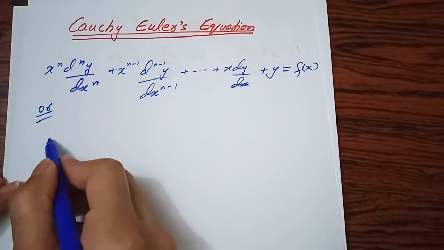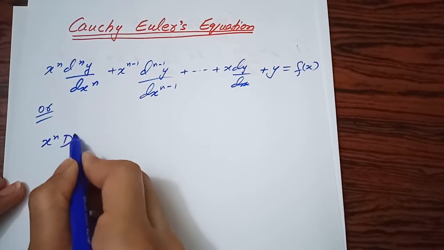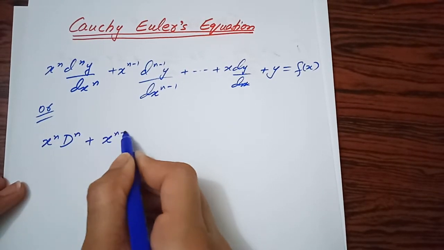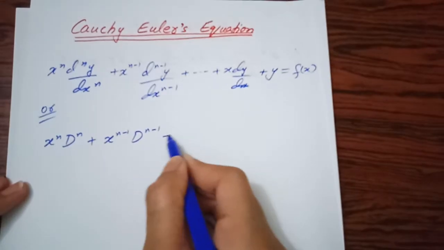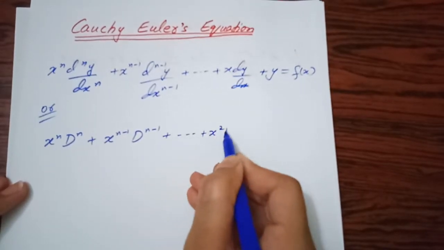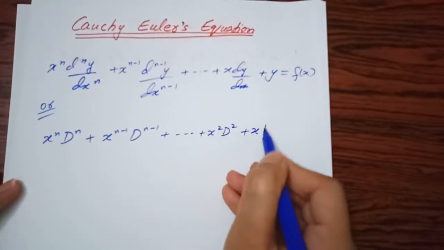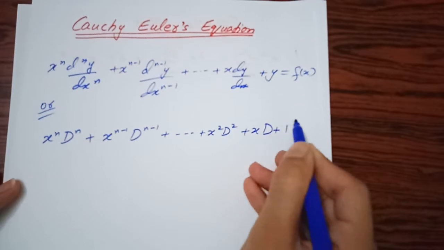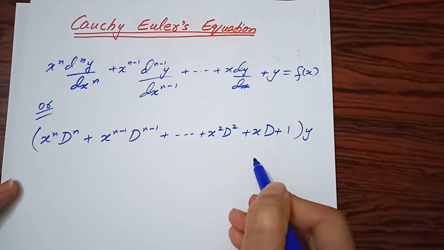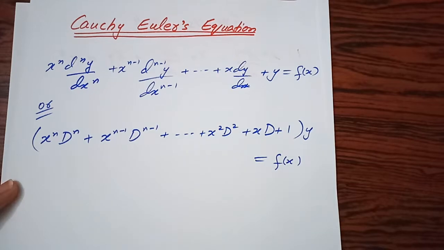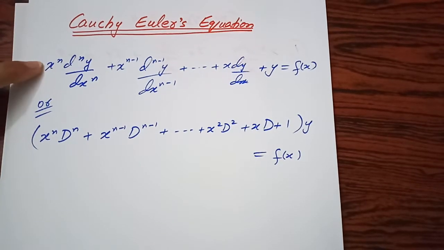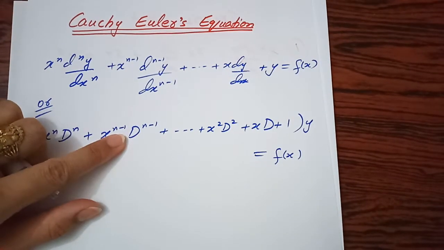This can also be written as x^n D^n plus x^(n-1) D^(n-1) plus up to x^2 D^2 plus xD plus 1, times y, equals f(x). The general Cauchy-Euler equation can be written in this form as well.